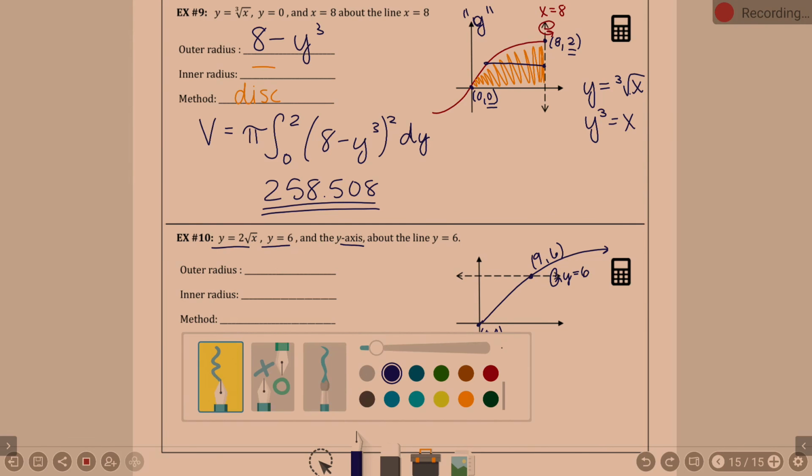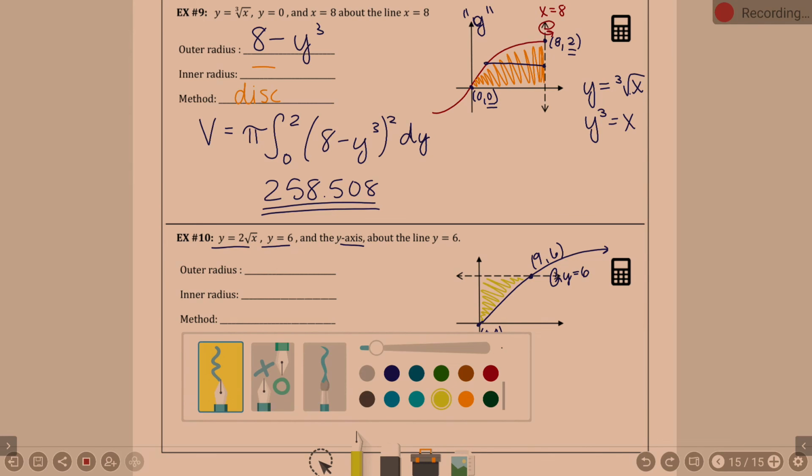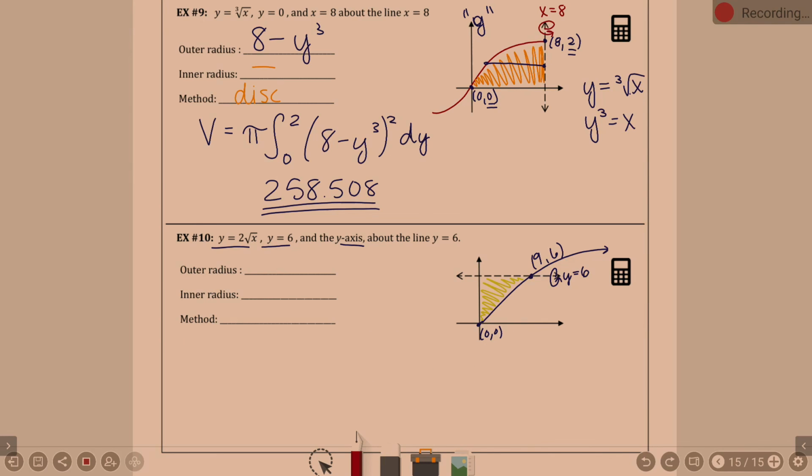But we are rotating this piece here. Are we working in x's or y's? We are working in x's, because it's a horizontal axis. So again, this is a disk method. Outer radius, upper minus lower: 6 minus 2 square root of x.